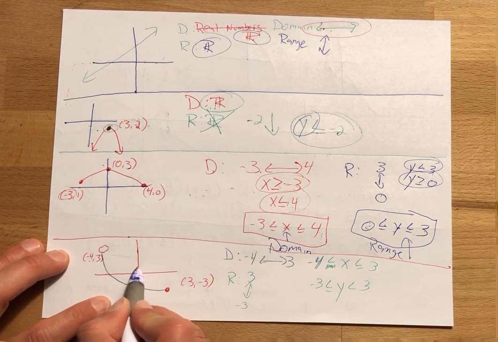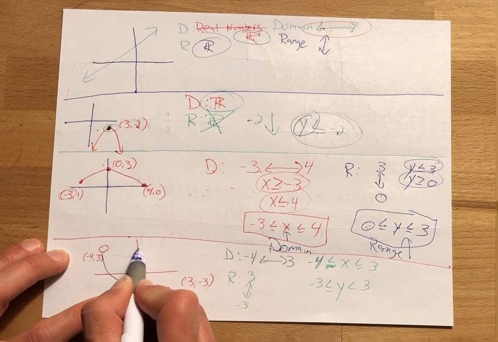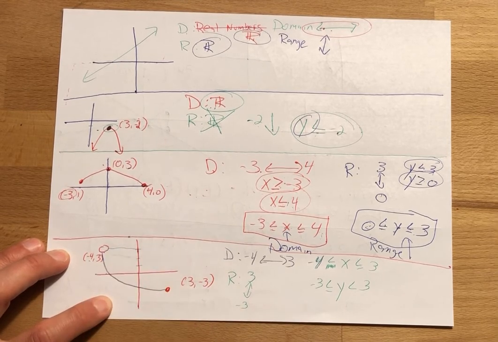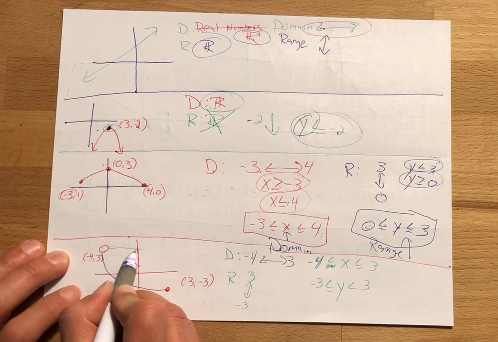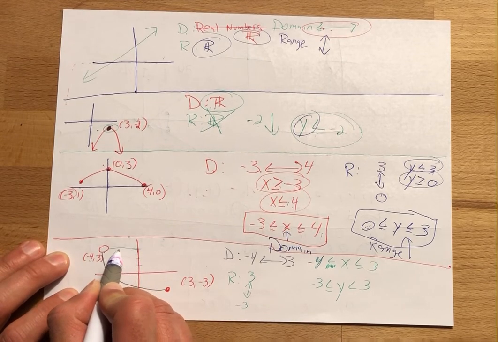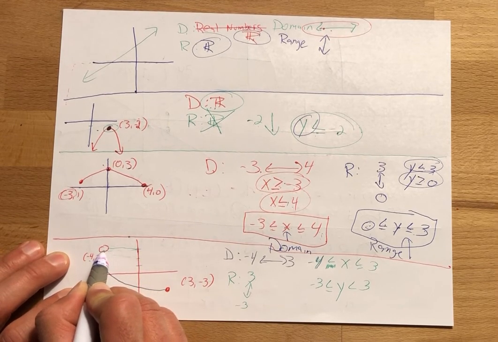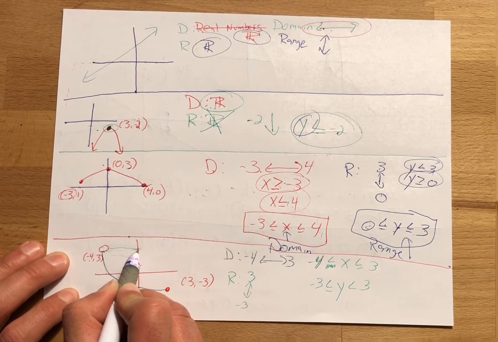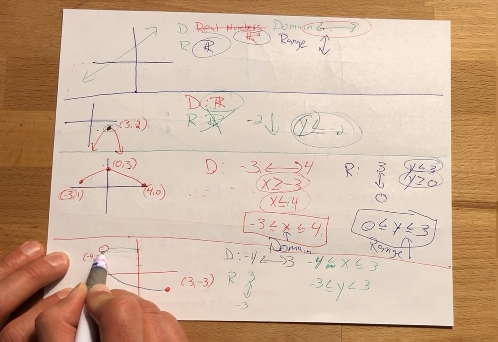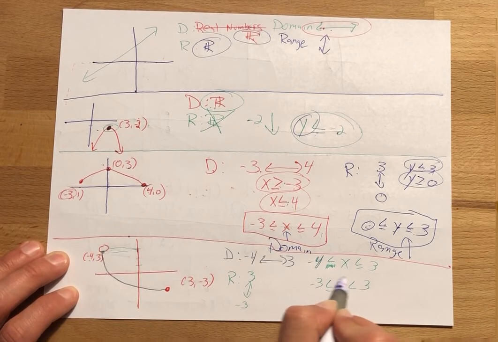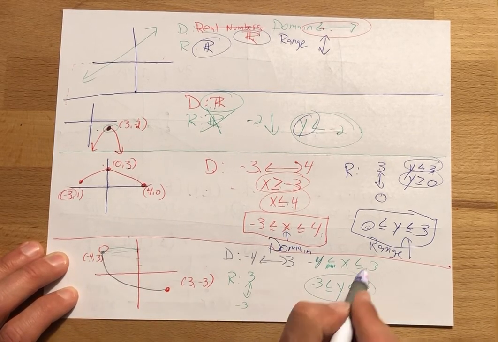Why can't it equal? Well, let's look. 1, 2, 3. Notice when I go across, it's an open circle. Let's say this is 2.9999999 right here. Sure, it could hit right here. Let's say this is 2.98888888888. It hits the graph, but right when I get to +3, it cannot equal. So this is my domain. This is my range, and this is my domain.